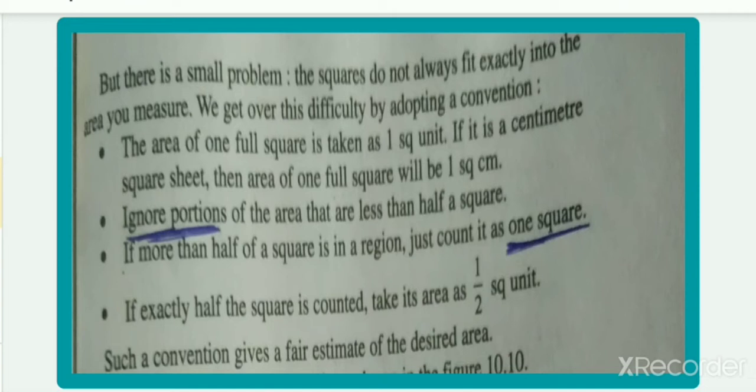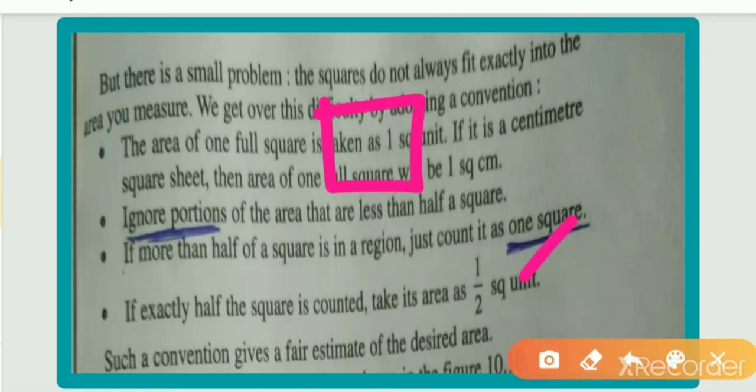Now coming to the next: ignore portions of the area that are less than half a square. It means, if a square is given and you are given only this portion, it will be considered as half.